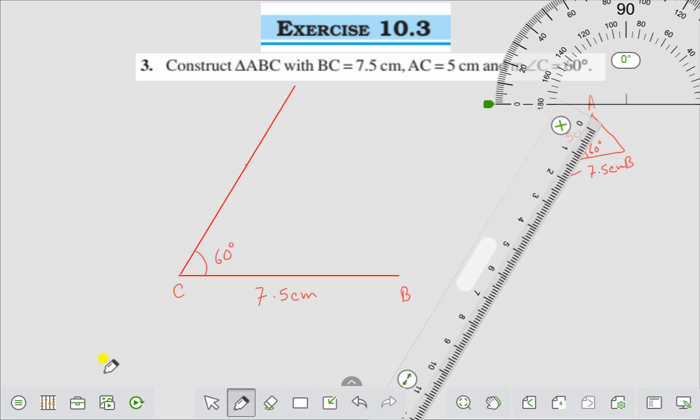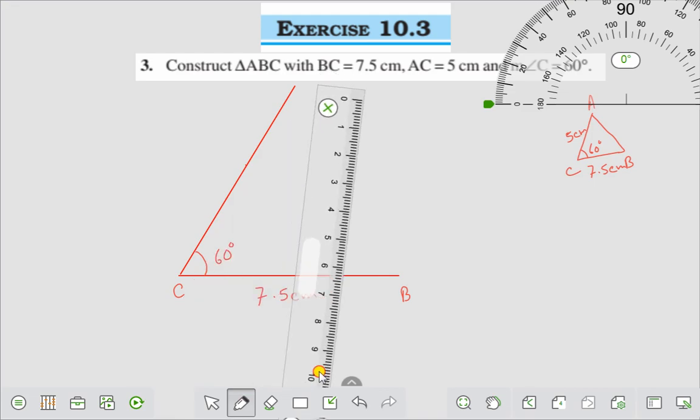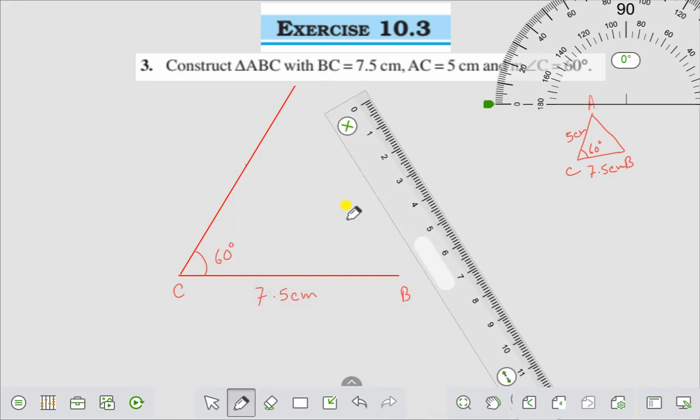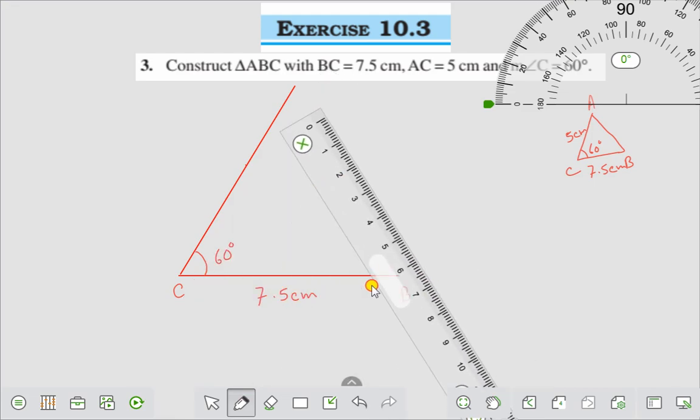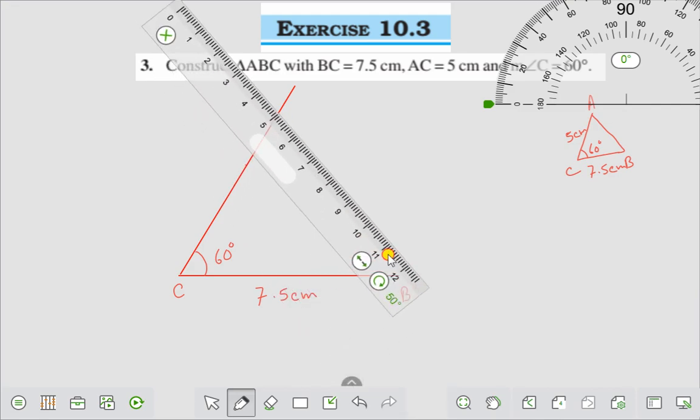And you have to cut this line of length 5 centimeter, that is AC. Take this length with the help of the ruler.